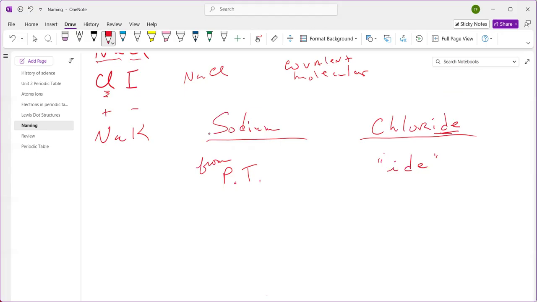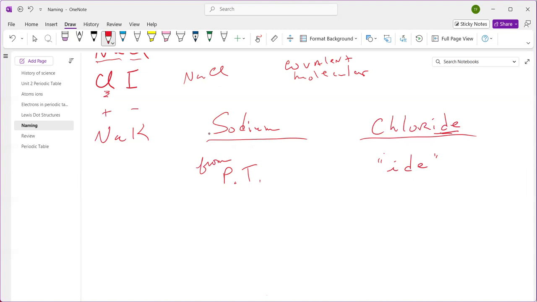See, this is an ionic. Let's do ionic since I've started with this.